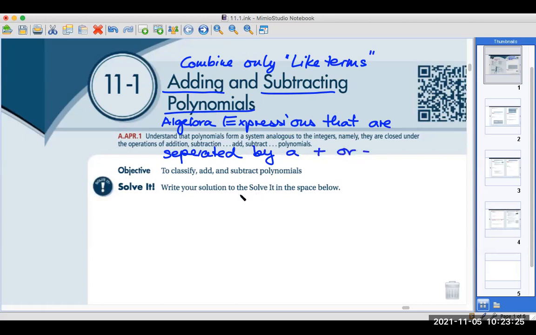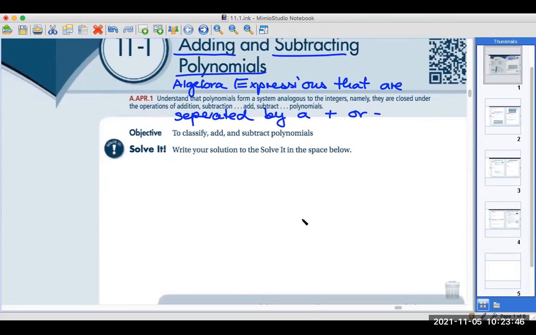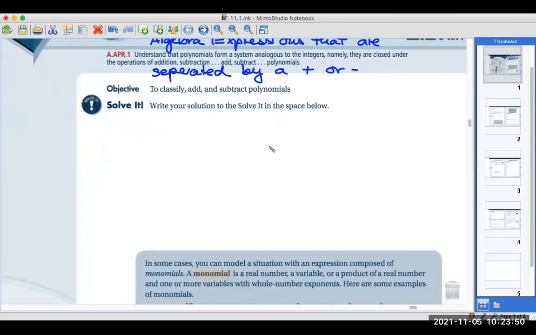So that's not a multiplication or division question. All right. And to classify, add and subtract polynomials is what we're going to learn.